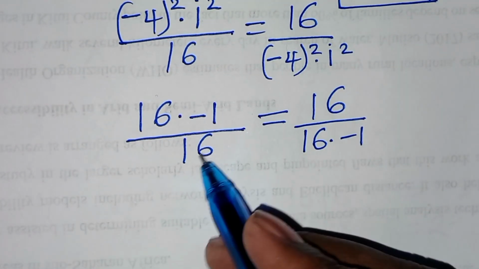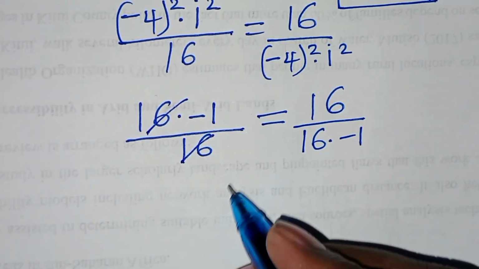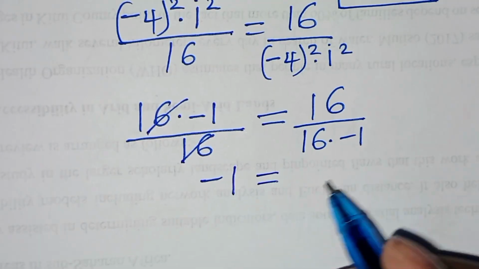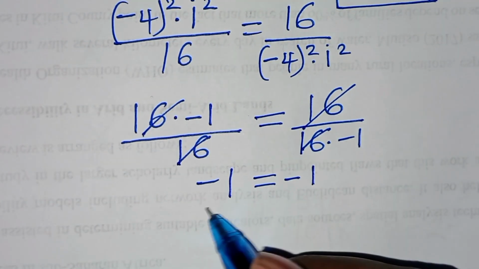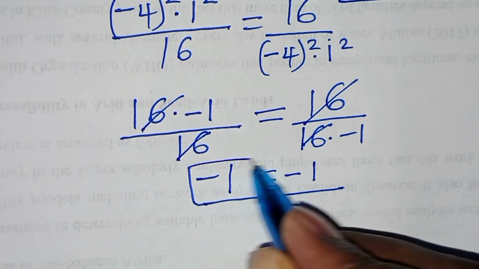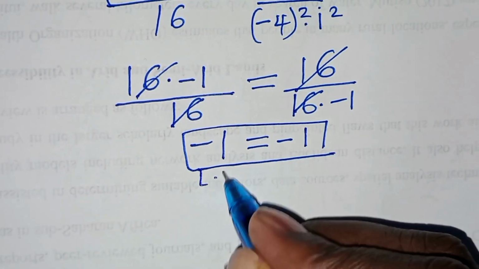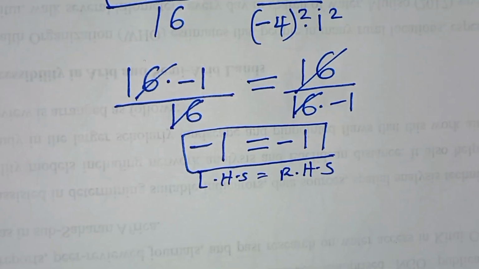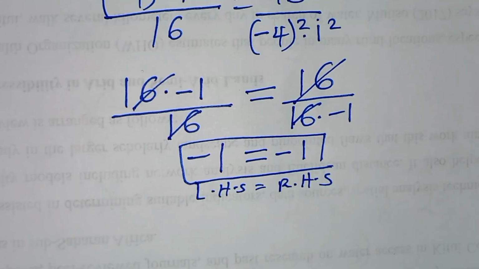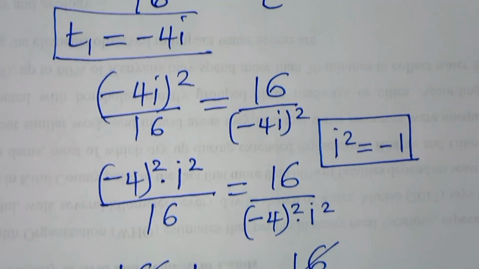Let's simplify by 16 by 16. So minus 1 is equal to minus 1. So this implies that the left hand side is equal to the right hand side, and this proves that t1 satisfies the equation.